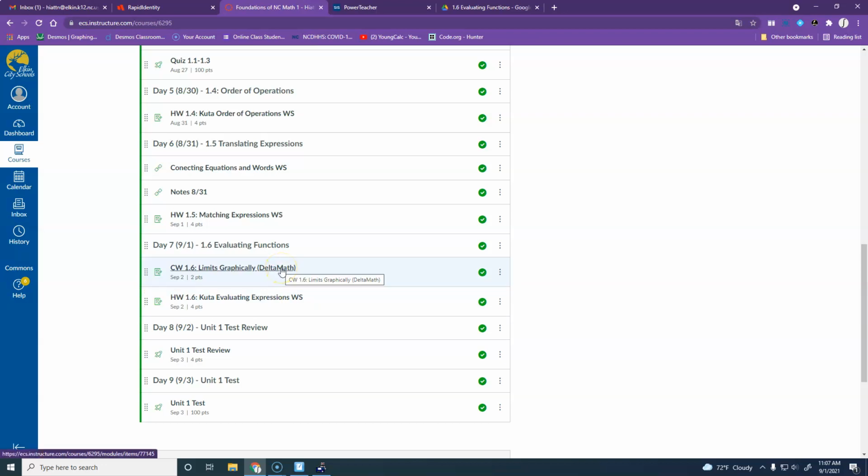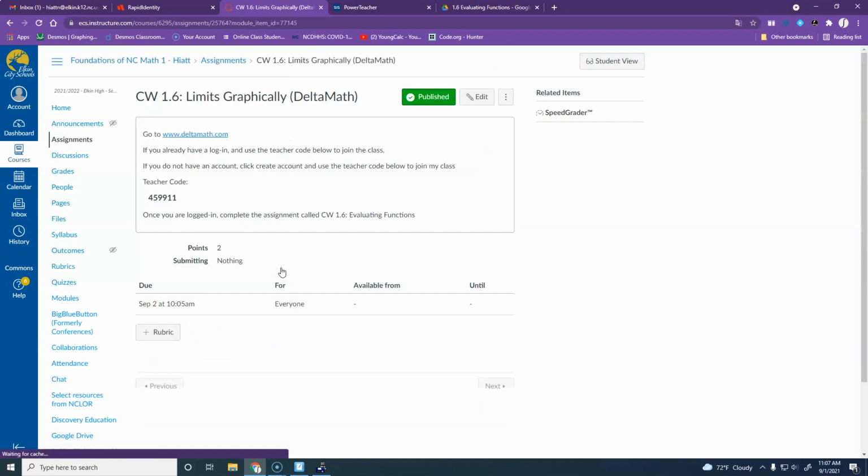So your classwork today is going to be to do Delta Math, and I've got it set, I think, to 8 questions or maybe 10. You should have Delta Math accounts from last year. So I think you just need to log in, which you can do with Google, and you're going to have to add a new teacher code. I put this on Canvas, but I'll put it on the board too so you don't forget.